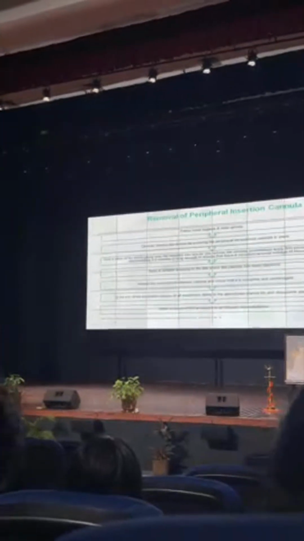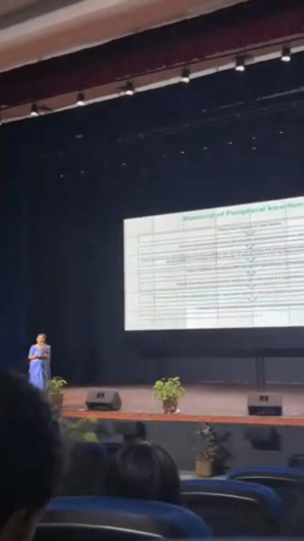Even before you give a flush, you have to assess the VIP score. If there is presence of redness and swelling, you cannot give a flush, because the VIP score has become 2. You have to remove the cannula and resite the cannula, right? So you cannot continue with the flush. So always remember, you have to monitor the VIP score every time.